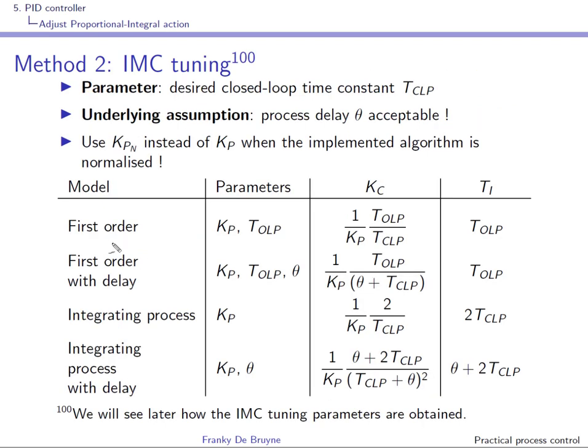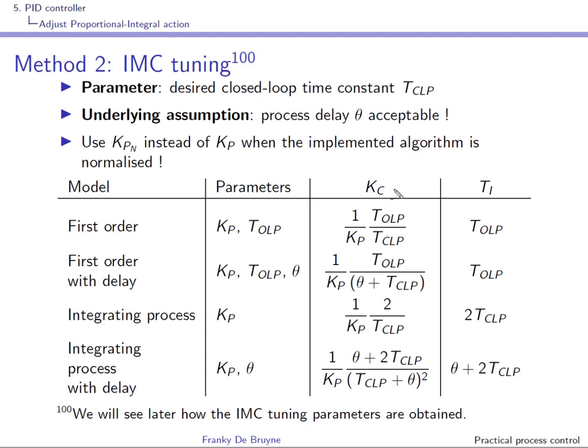Well, in this table you can find the IMC PI tuning parameters for 4 processes: first order, first order with delay, integrating process, and integrating process with delay. In this column you have the associated parameters. So for a first order, gain, time constant; first order with delay, gain, time constant, and delay, and so on.